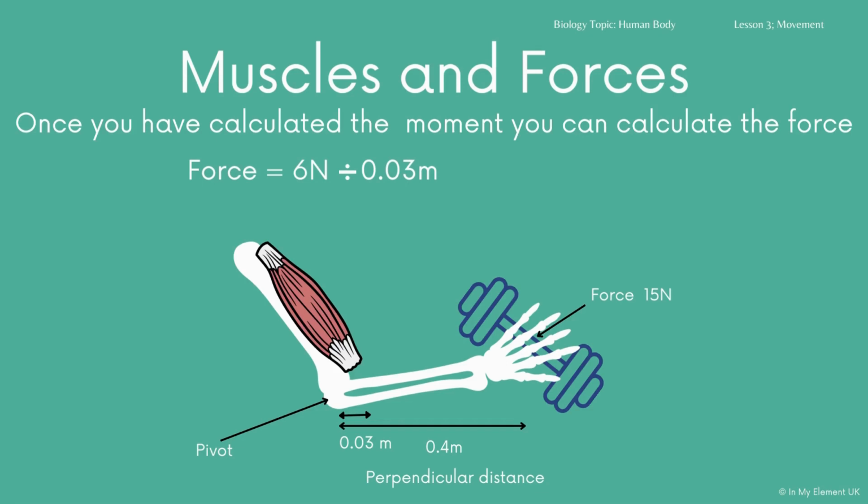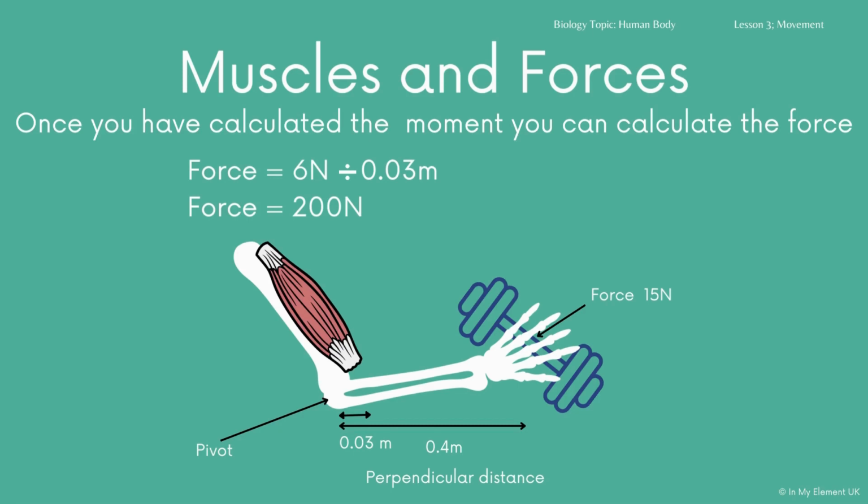So we use 0.03 meters, and the moment we've already calculated is 6 Newton meters. When you divide the 6 by 0.03, you get an overall force applied by the muscle of 200 newtons.